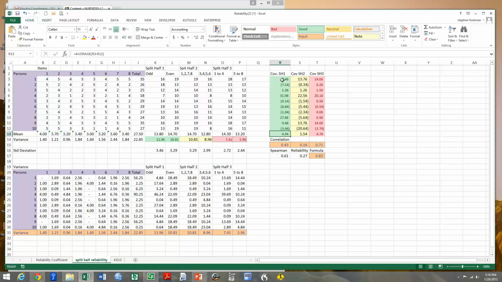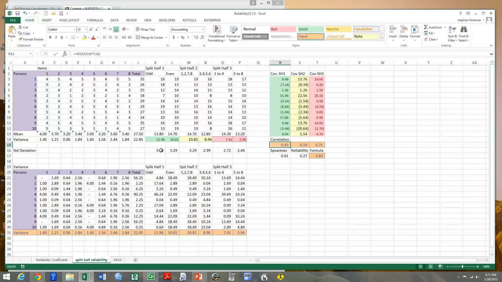I'm sorry, before I say that, to get the covariance overall, we average the covariances for each of the people. So here's our overall covariance for split half 1, average covariance for split half 2, average covariance for split half 3.